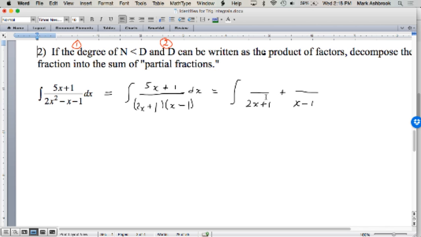So the question is, what numerators do we need so that when we add those together, we get this rate of change function that we started with? Okay, so the degree of the numerator that you're going to choose is unknown. We don't know what these numerators are right now, but we need to start off with the degree of it.